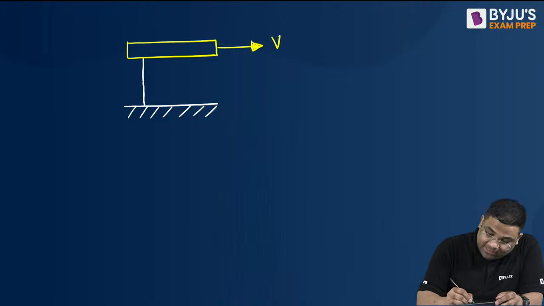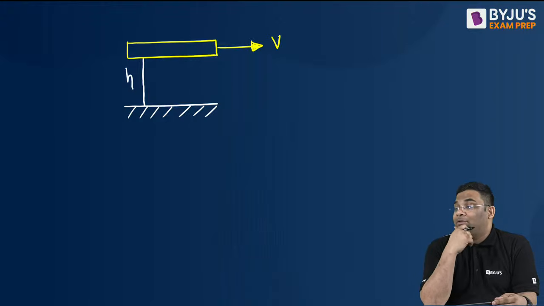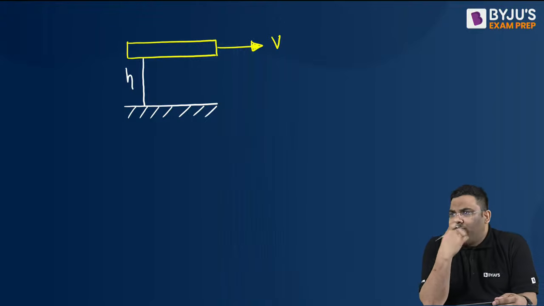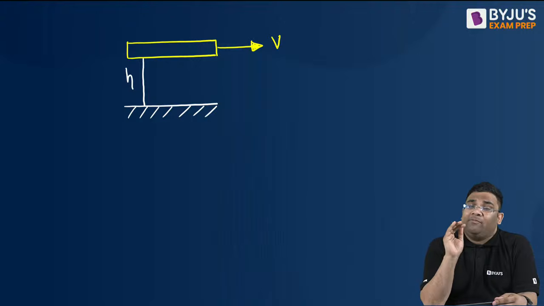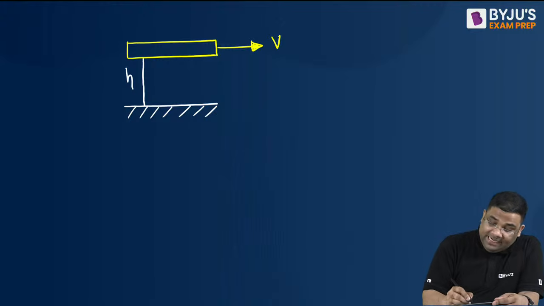So this is the distance h. Tell me what will be the velocity profile here, what assumption I will make, what will be the variation of velocity? Yes, it will be linear. I will assume it to be linear. Very good.